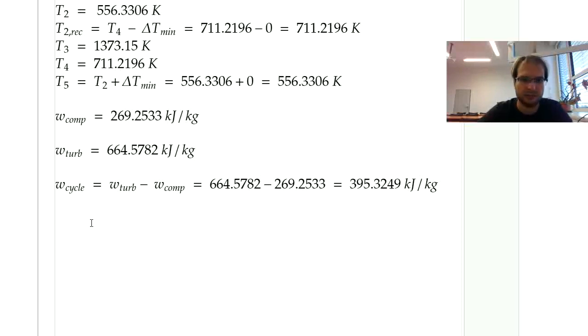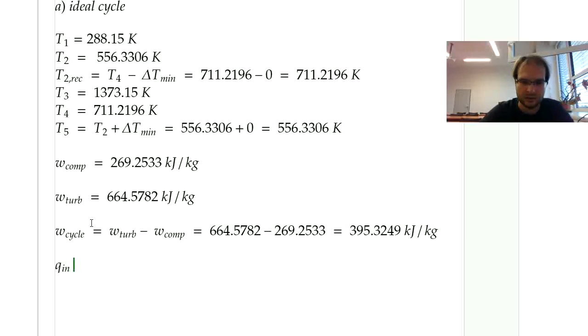Now for the heat input. The heat input is no longer the difference of enthalpies between points 3 and 2, but only between the enthalpy at the point 3 and enthalpy at the point 2 recuperated.